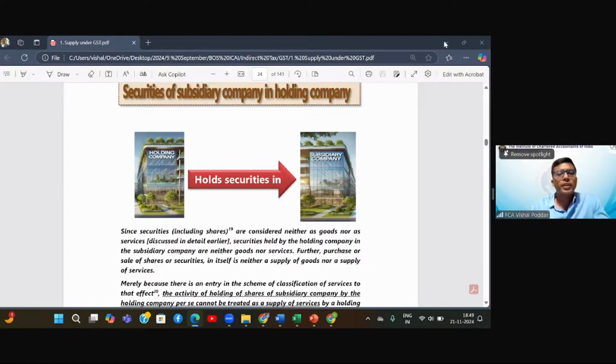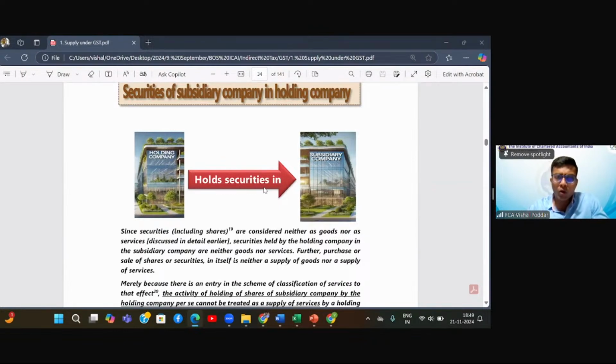And this is one such example of complicating the law. How? Now what is the case? Security of subsidiary company in holding company. Now obviously, why am I a holding company? Because I have purchased your securities, right? And I have purchased these securities and I am holding it as an investment in my balance sheet.